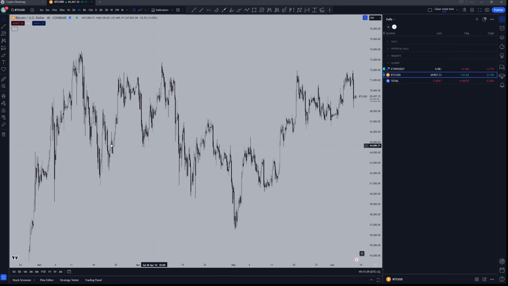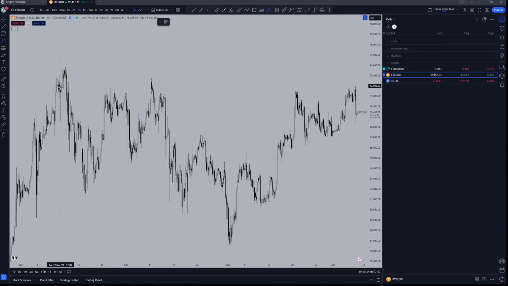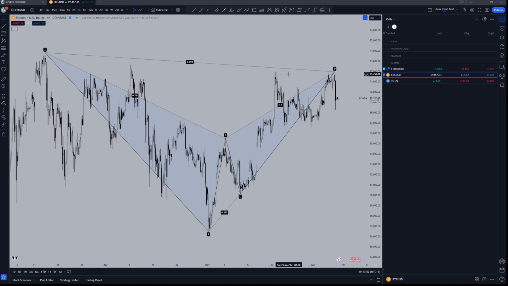But if price is ranging like this, they are very useful. For example, in this big range we had, you could take the top of the range here, all the way to the bottom, and simply follow the price trend until you find the Fib retracements that line up.